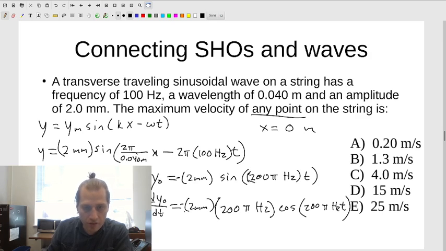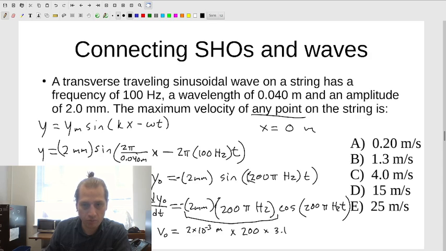Okay, so this thing is the amplitude of your velocity at that particular point, so that v naught, that amplitude, would be 2 times 10 to the minus 3 meters, times 200 times 3.14, putting in my pi as a number, meters per second.